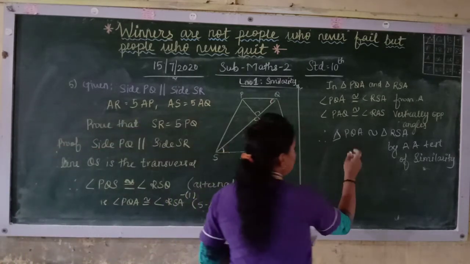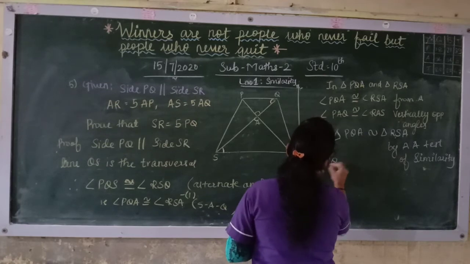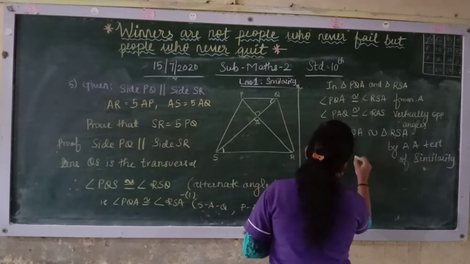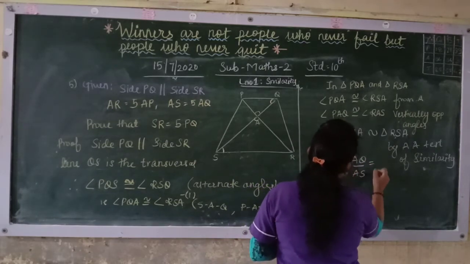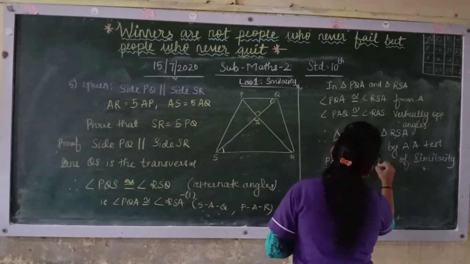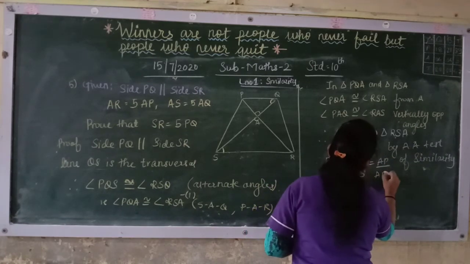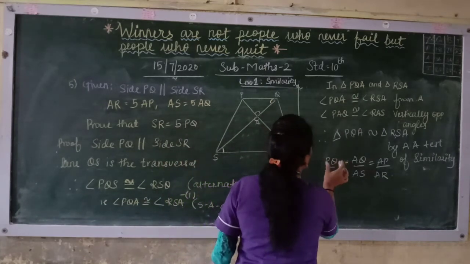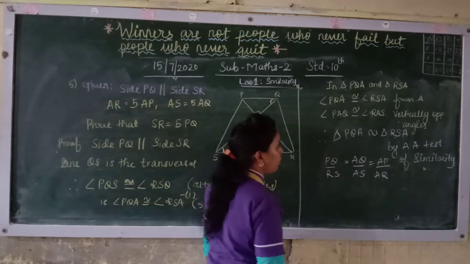So PQ upon RS is equal to AQ upon AS is equal to AP upon AR.